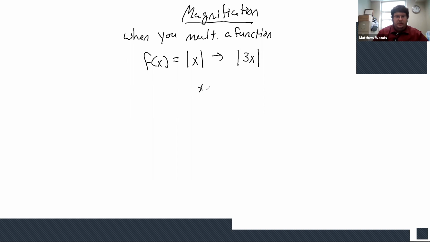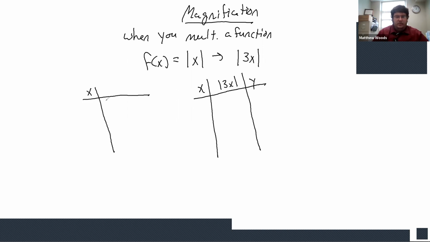Well, let's see. So I'm actually going to run two tables concurrently for this one. And we're going to go -2, -1, 0, 1, 2. Absolute value of -2 is 2.